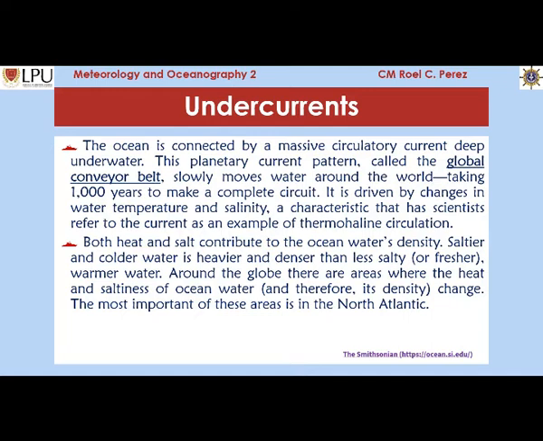Okay, both heat and salt contribute to the ocean water's density. Saltier and colder water is heavier and denser than less salty or fresher, warmer water. Around the globe, there are areas where the heat and saltiness of ocean water, and therefore its density, change. The most important of these areas is in the North Atlantic.